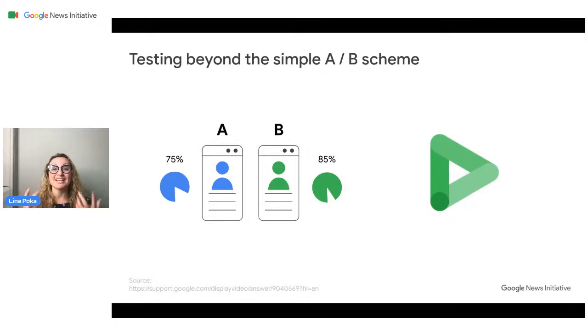We can use experiments. You can use experiments to test ad performance in a more detailed way than the traditional A/B scheme. So let's walk through an example.